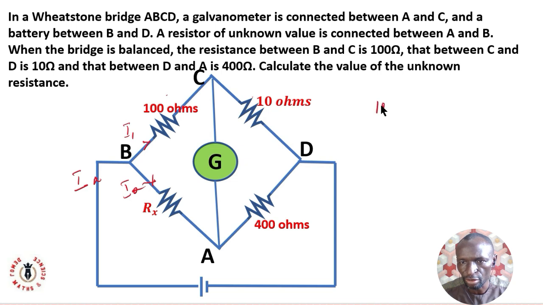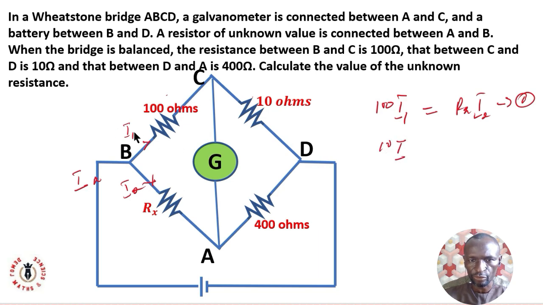From the basic principle, my 100 times I1 will be the same thing as my Rx times I2. That's our equation 1. And my 10 times I1, because the same I1 is still going to flow into the 10 ohm resistor when the Wheatstone bridge is balanced, is the same thing as 400 times I2.